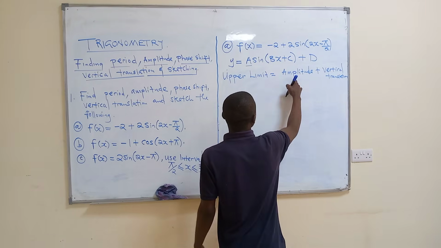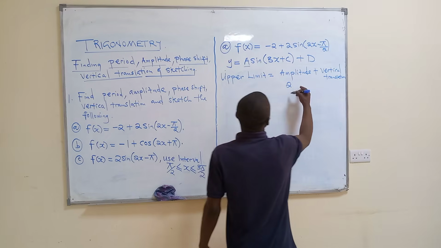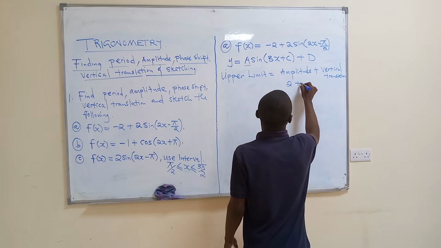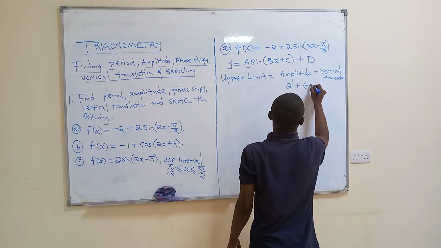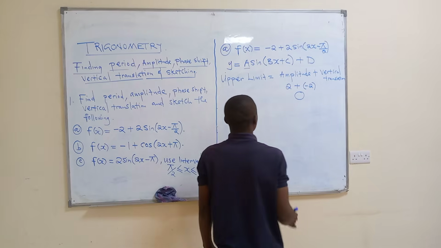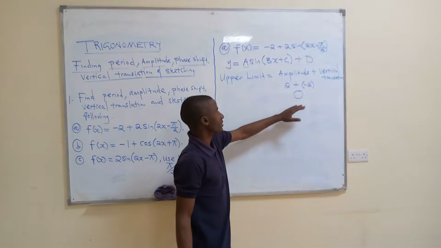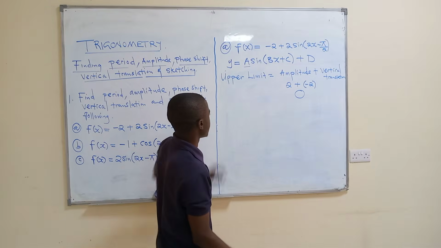My amplitude was 2, plus I'm adding the vertical translation, that is negative 2. In this case you are subtracting, meaning that is 0. So that is how high the graph is going to move in the y-axis.